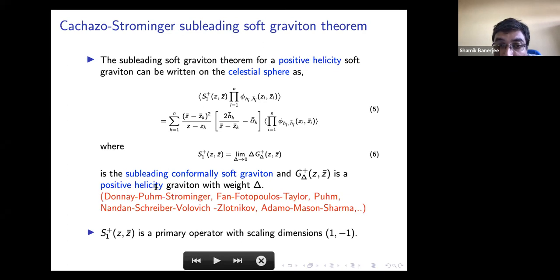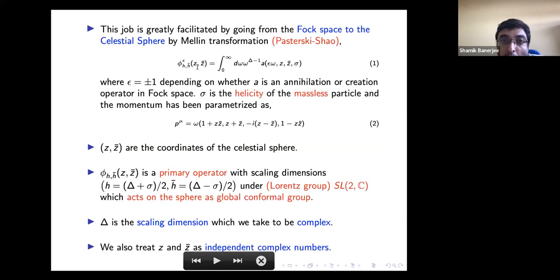That's a positive helicity graviton with weight delta, and this S1 plus Z Z bar is defined in equation 6. One can easily check that this G plus delta Z Z bar is essentially one of these fields, where we have sigma equal to plus 2.